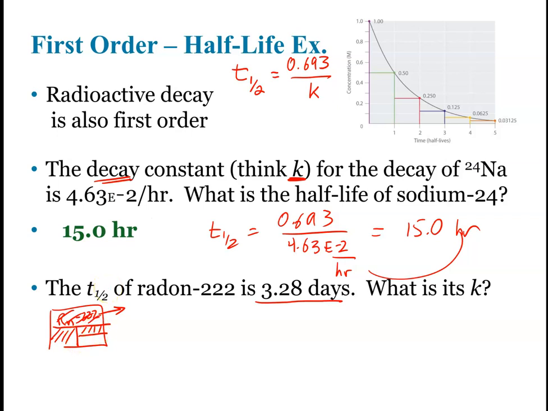So what would be the k value for this? You'd say that t1/2 is 0.693 over 3.28 days, and then you would solve, I'm sorry, I'm wrong.